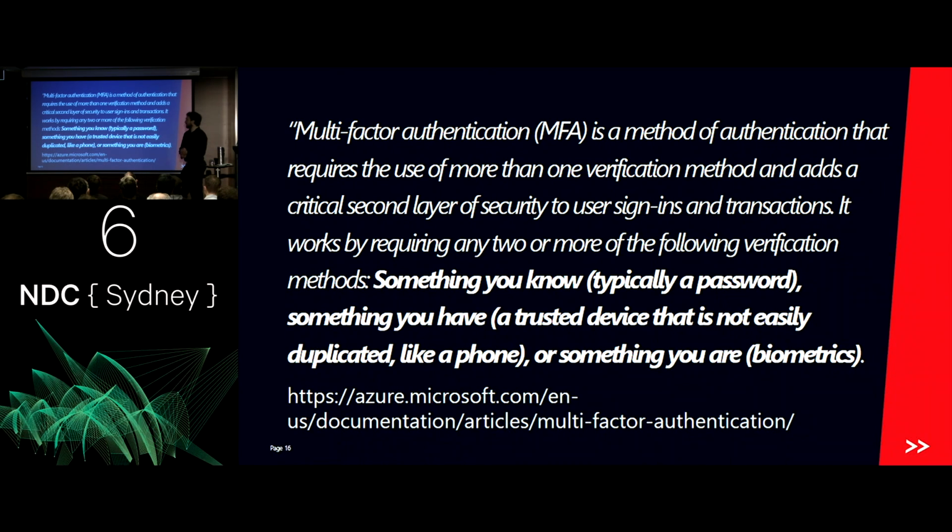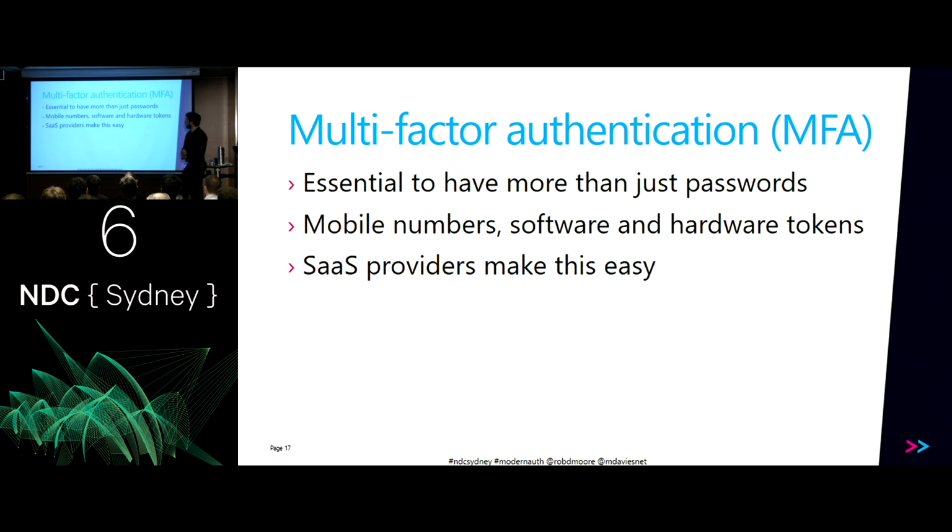And multi-factor authentication is really, really important because it gives us such a guarantee that the user is who they are as compared to just a password, which is really easily leaked out and really easily reused. Where this kind of started is commonly mobile numbers, commonly phones. It sort of evolved from there into tokens, so software and hardware tokens, which are essentially just things that the user has which generate tokens or codes according to some predefined algorithm, which the server also knows about.